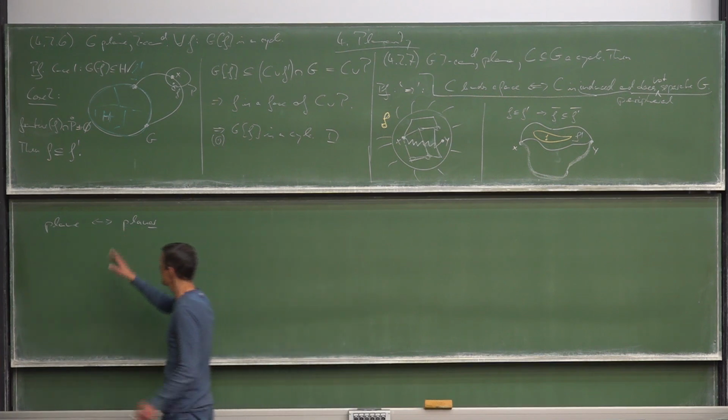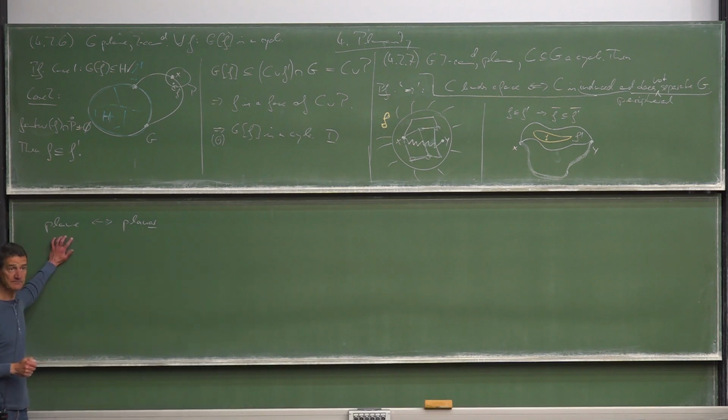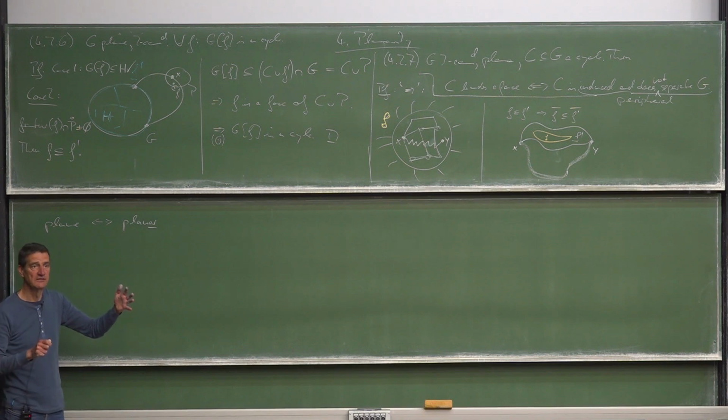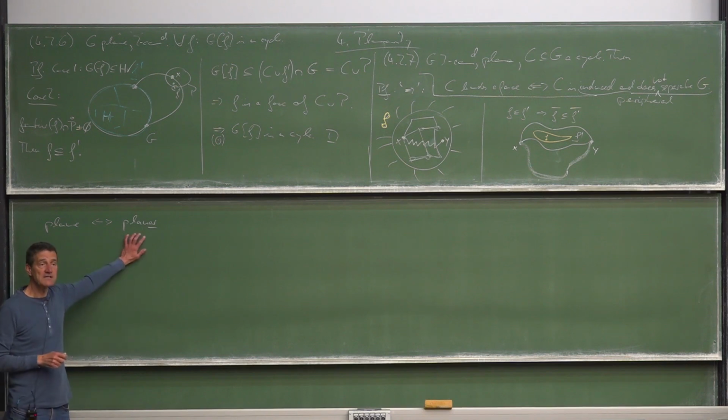The converse is less clear. If you're maximally plane, you have a plane graph, and you can't draw another edge, is the associated graph also maximally planar? Or might you have chosen a bad drawing?